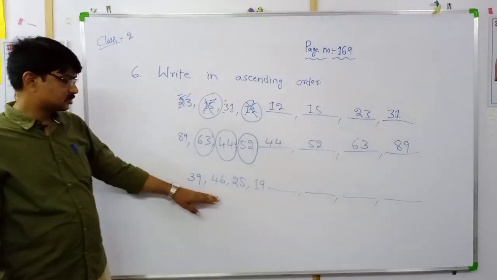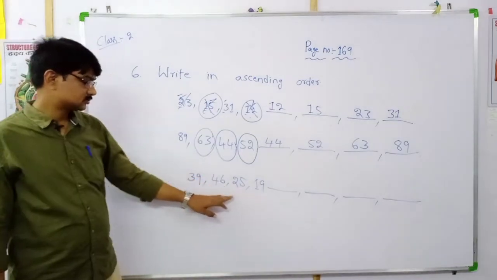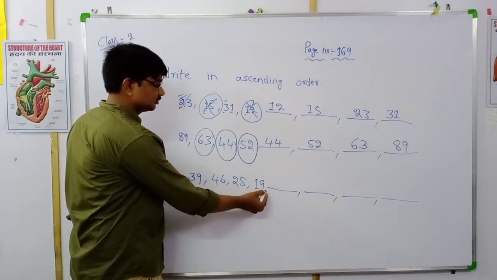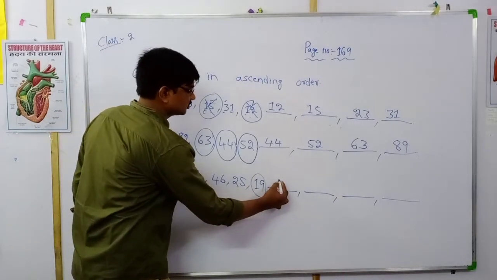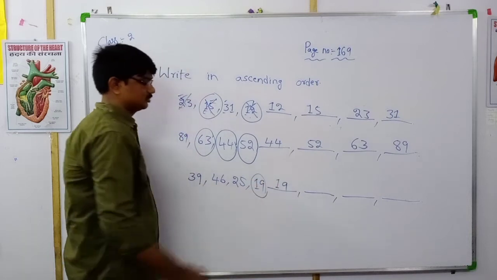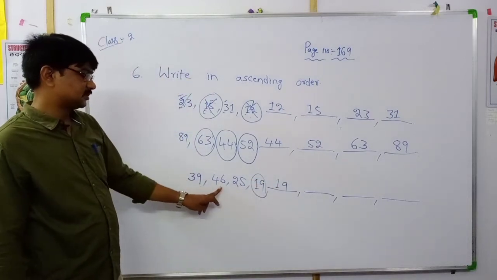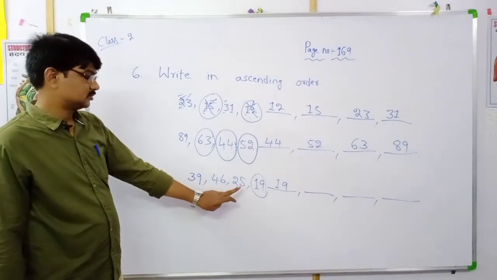So which is the smallest number from these numbers? 19 is the first, the smallest number. 25, 39, 46. Which is the smallest number? 25.